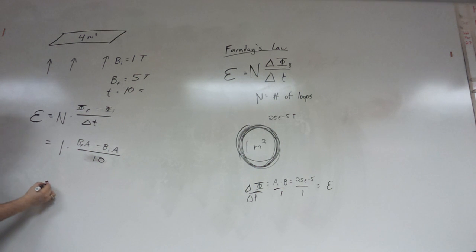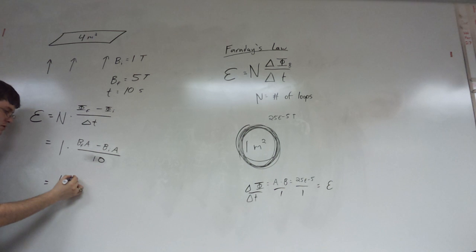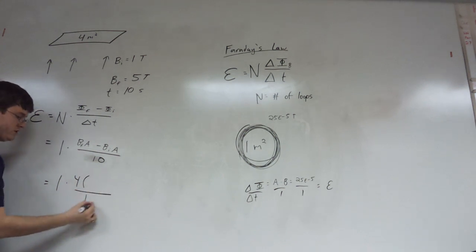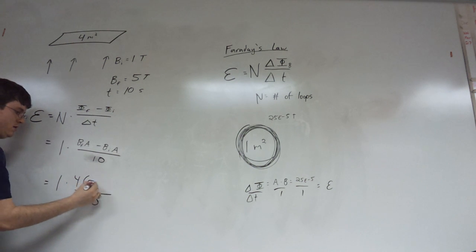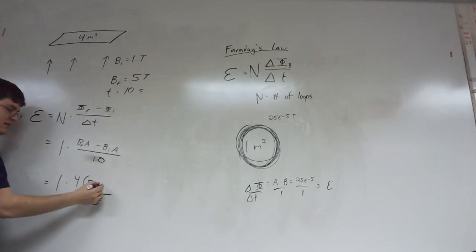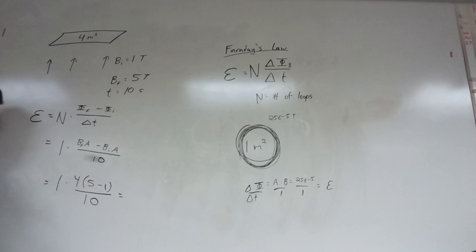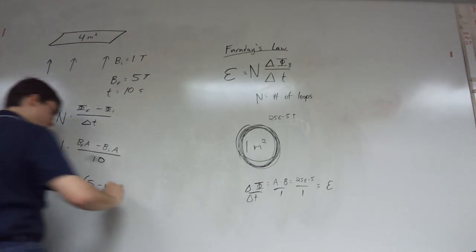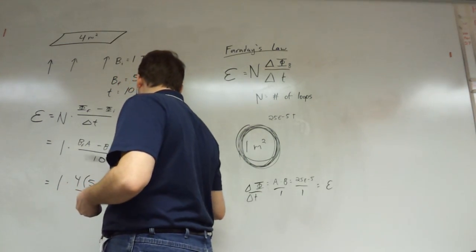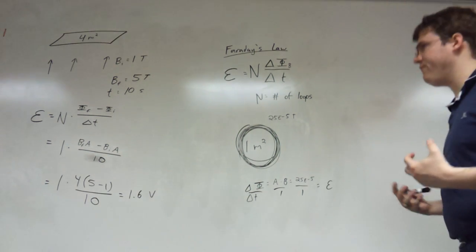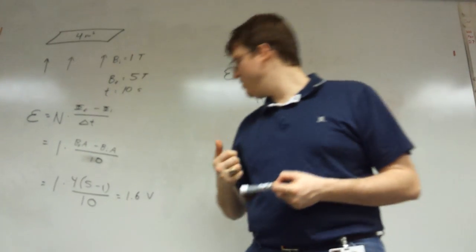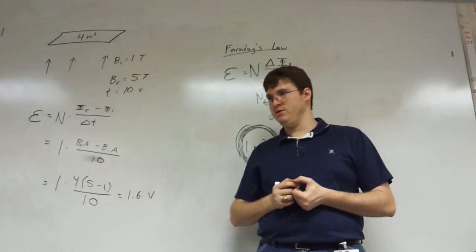So I end up with 1 times the area, 4 square meters, over 10 seconds, times B final, 5 Tesla, minus B initial, 1 Tesla. So we got 4 times 4 over 10, 1.6 volts.